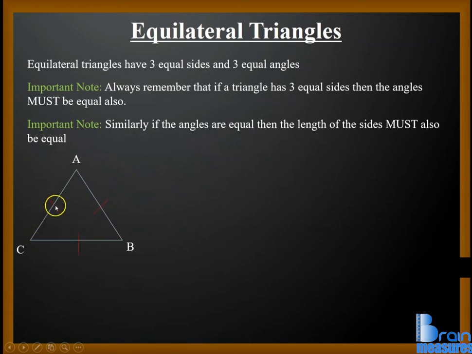And then we put the same line over here between A and C. That means that AC is also equal. If the three sides are equal, then it's an equilateral triangle and it also has equal angles inside. So AB equals BC equals CA, and the angles are also equal.